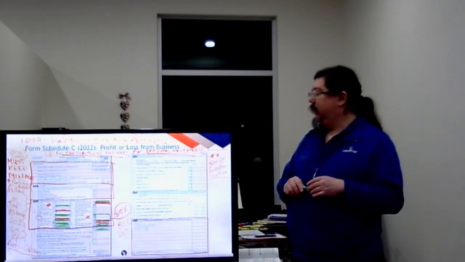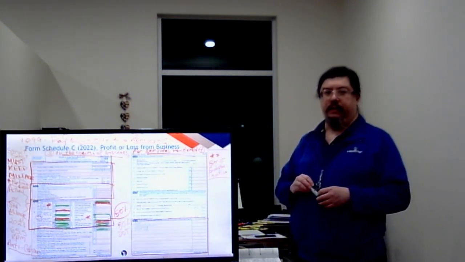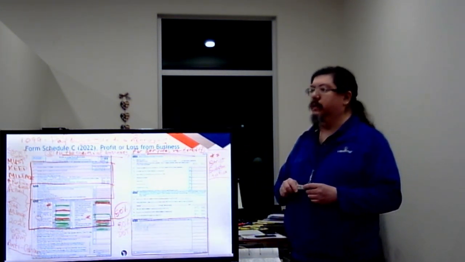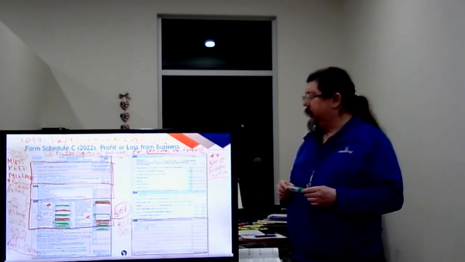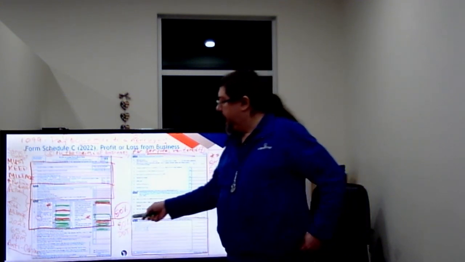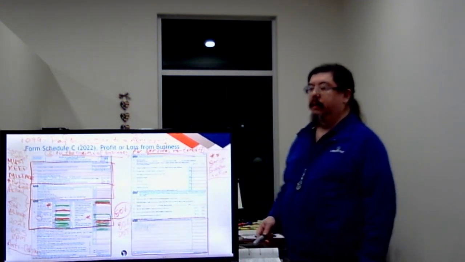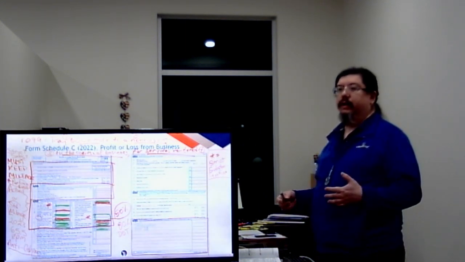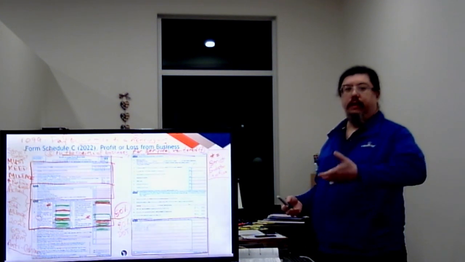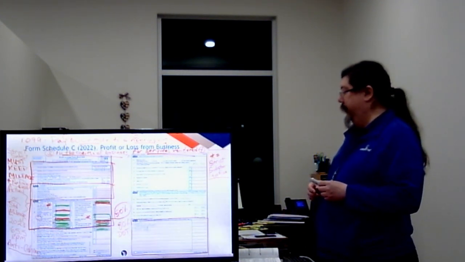If you already have a loss at this point, then there's not going to be any business use of home deduction, except in some exceptional cases. So basically, the business use of home deduction can only reduce your profit, but not generate a loss. It will carry over from one year to the next, so if you have a loss for several years and then finally you have a profit, you can use that carried over business use of home deduction in that profitable year.